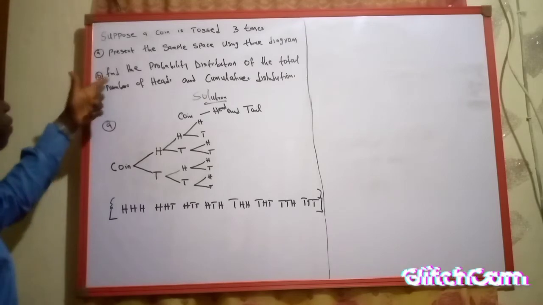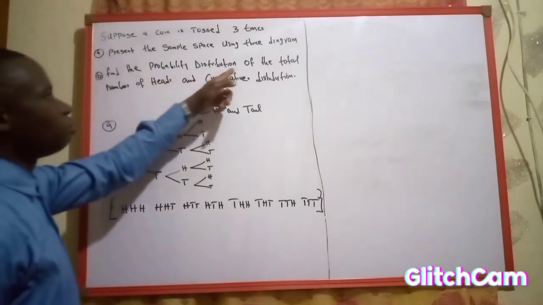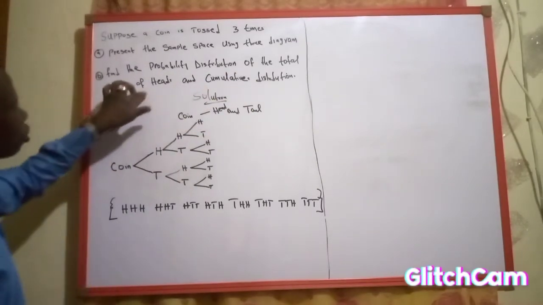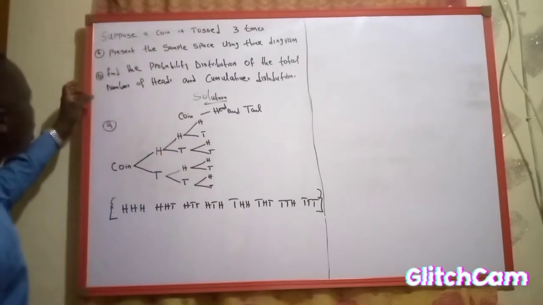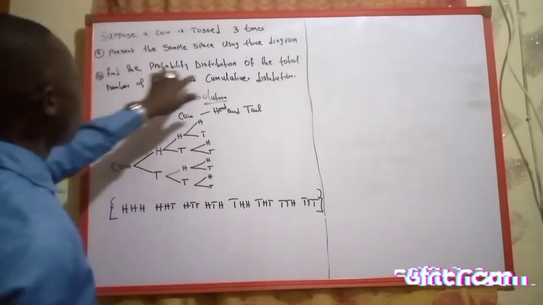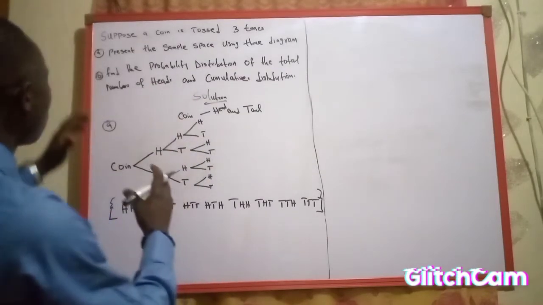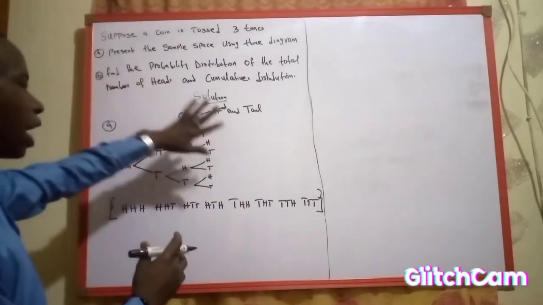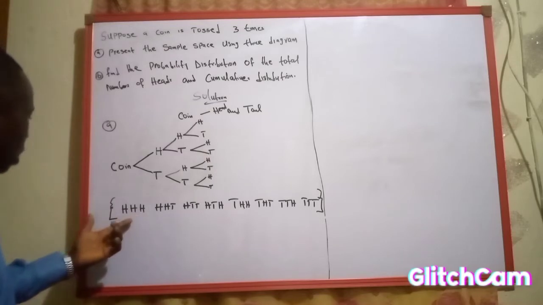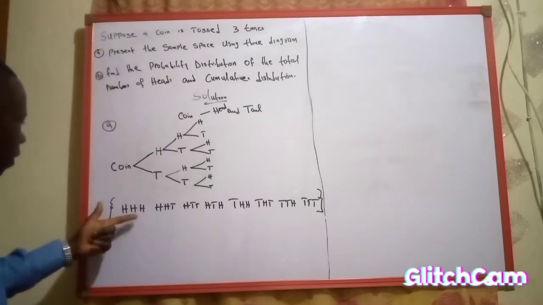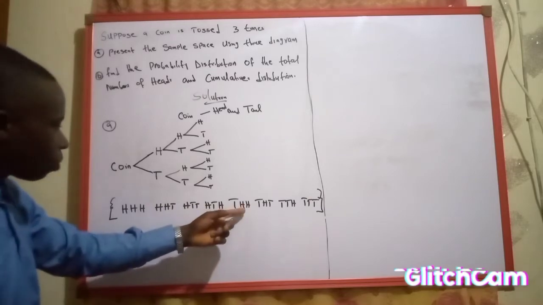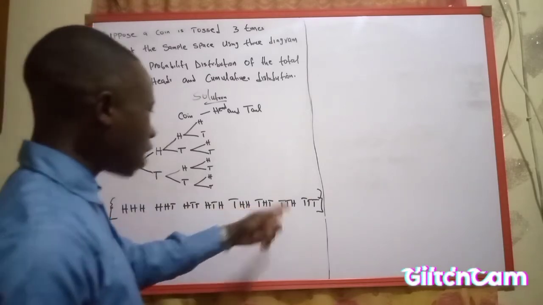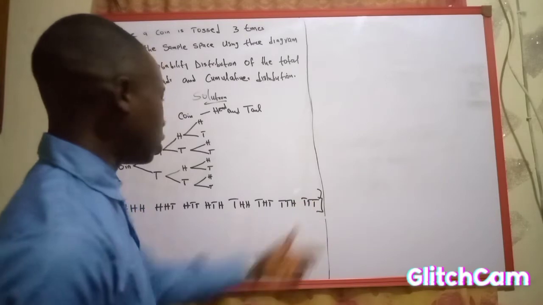Then number 2 says, find the probability distribution of the total number of heads and the cumulative distribution. Here we are focusing only on the probability distribution of the total number of heads. Looking at the outcomes, head appeared 3 times, 2 times, 2 times, 1 time, 2 times, 1 time, 1 time, and in the last one there is no head, which is 0.